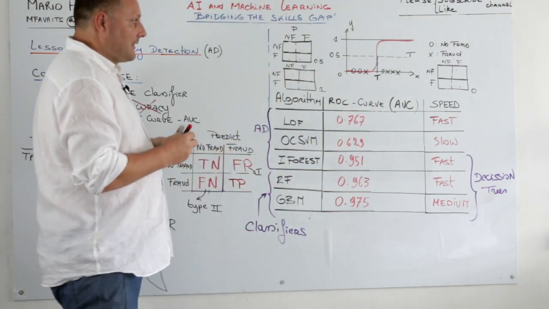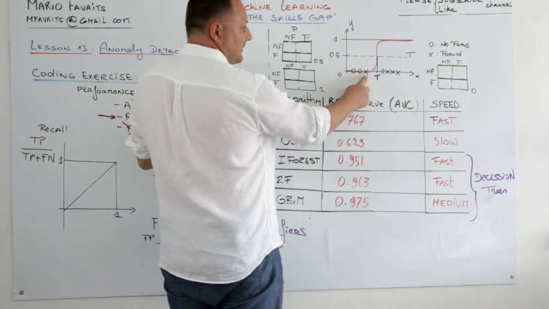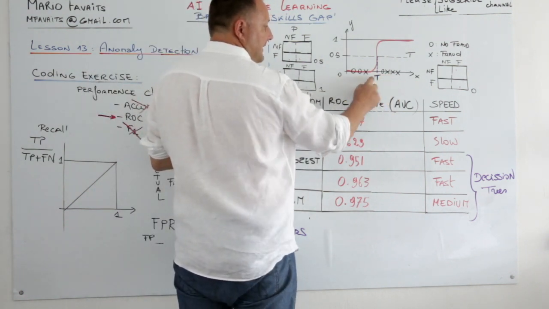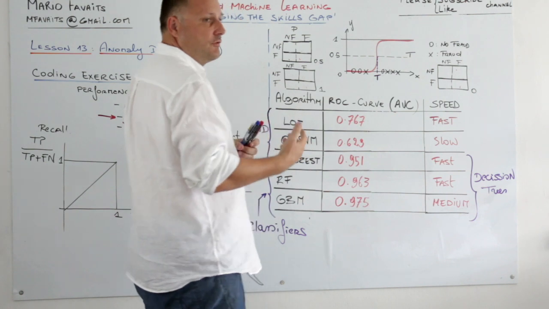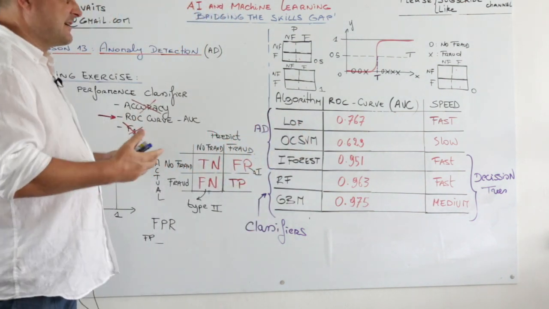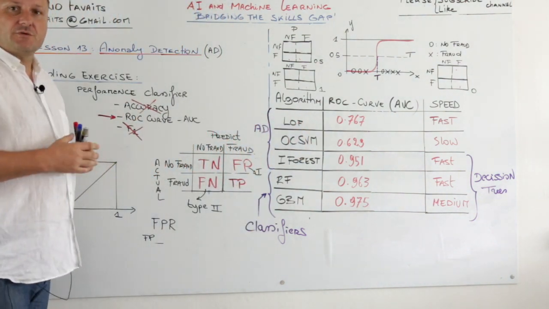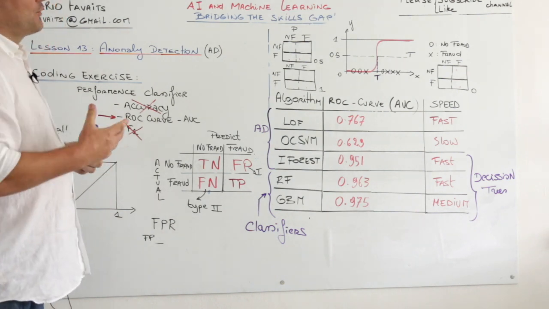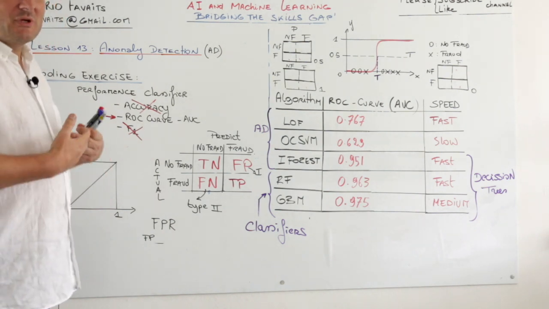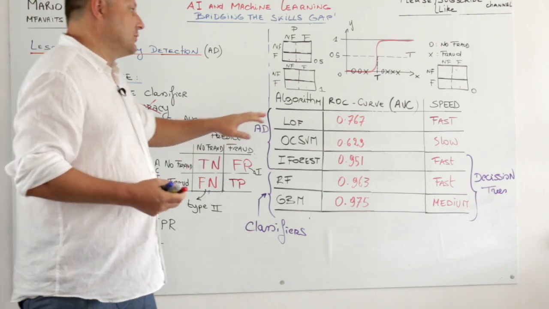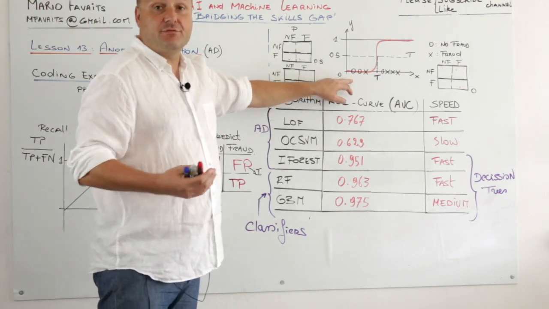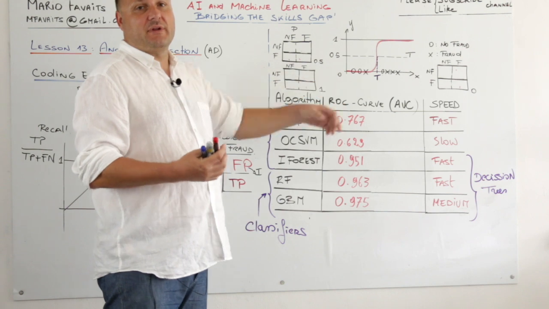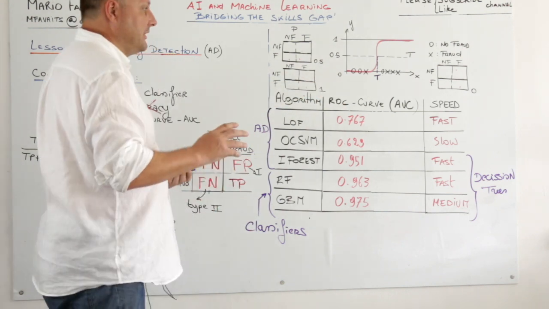I have 7 points: the crosses are fraudulent, and the circles are no fraud. These are just 7 chosen transactions. It's not randomly chosen, because if it were random, I would have a ratio of 99.8% and 0.2%. But don't worry about it.